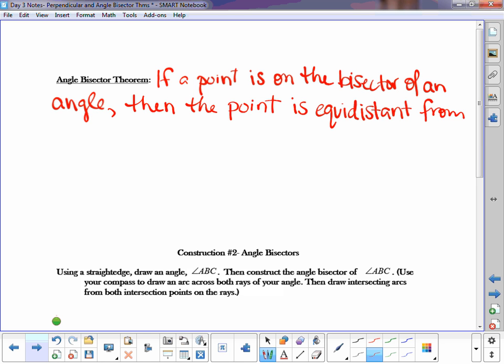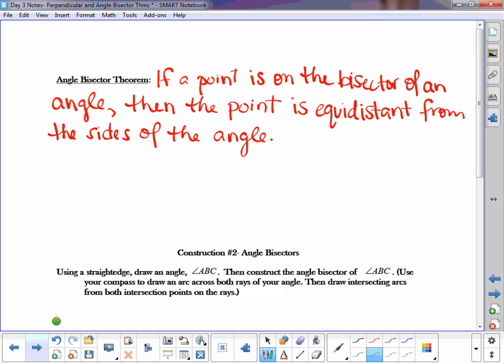And the point is equidistant from the sides of the angle. So if the point is on the bisector of an angle, then the point is equidistant from the sides of the angle.